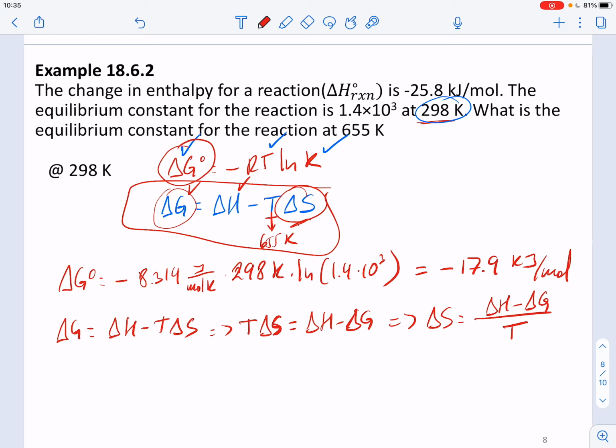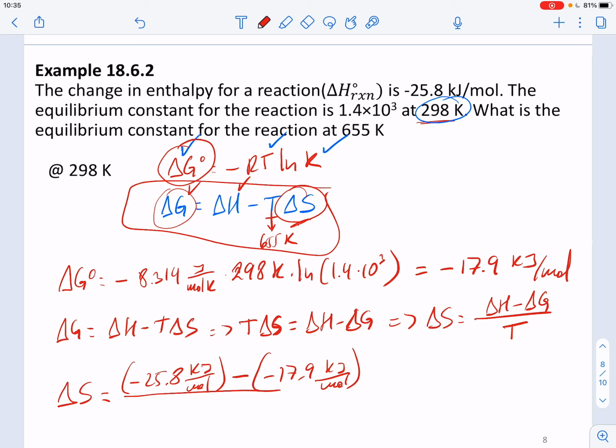Right? So delta S here is going to be delta H, which is minus 25.8 kilojoules per mole, minus delta G, which is minus 17.9 kilojoules per mole, and we divide this by the temperature, which is 298 Kelvin.